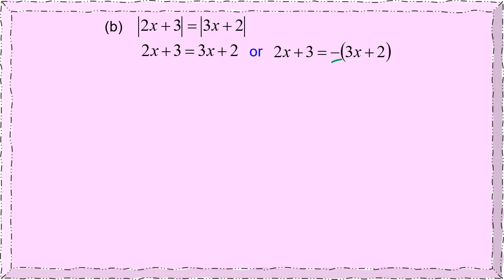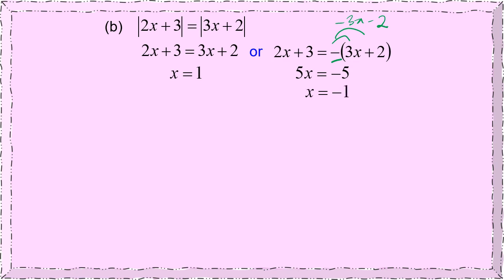Solve for x, we get negative x equal to negative 1, so x equal to 1. And here after expanding, we get negative 3x minus 2, so 5x equal to negative 5, so x equal to negative 1.